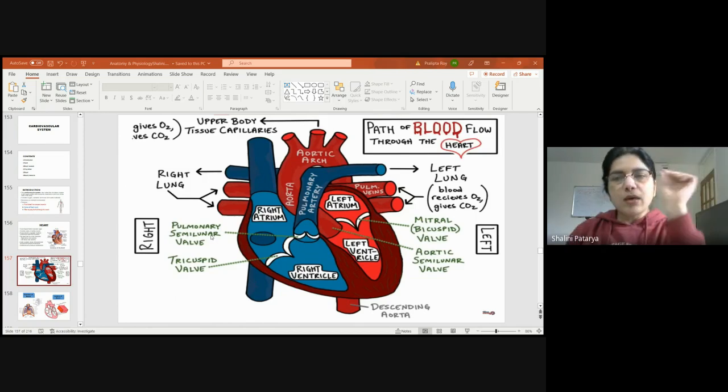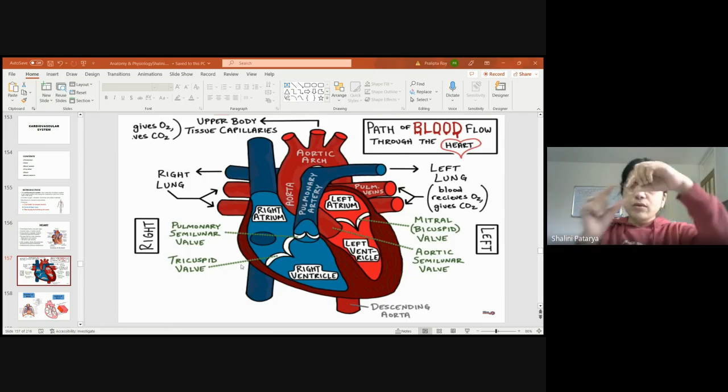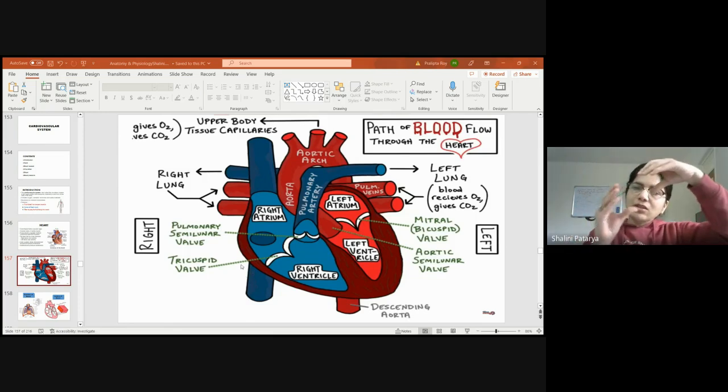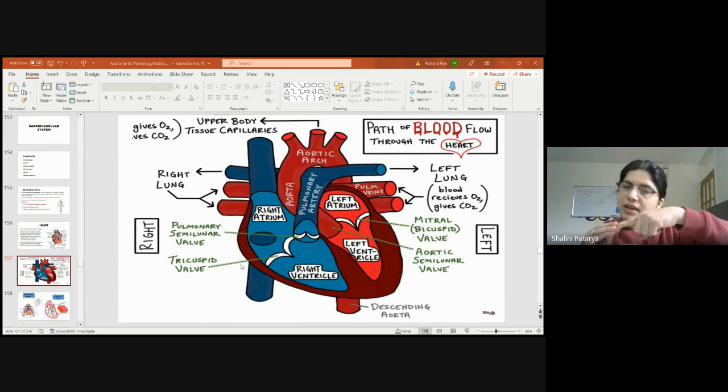Now understand this thing. The black line here has a connection till the apex of this part of the heart. So the heart is looking like this, right? Till the tip of the heart, it is having a connection. Which means what? When the blood is coming, it is pumping, it is getting contraction from here.